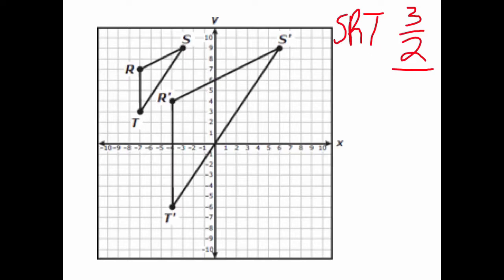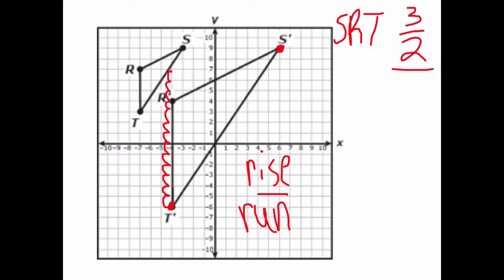Okay, now I'm going to find the slope between T prime and S prime. And again, this is just simple rise over run. I like to write out rise over run because it helps me keep it straight. So let's see how many times we rise. 1, 2, 3, 4, 5, 6, 7, 8, 9, 10, 11, 12, 13, 14, 15.